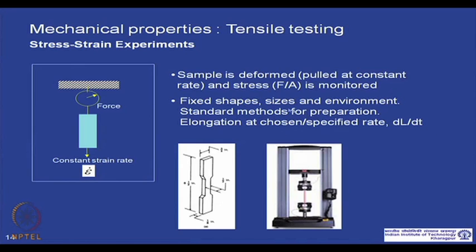Now remember, in this test and all subsequent polymer property testing, the result is very much dependent on the size and shape of the specimen and the environment when you are doing the test, like temperature and relative humidity.